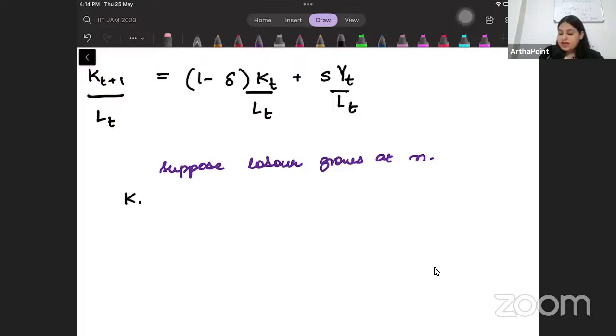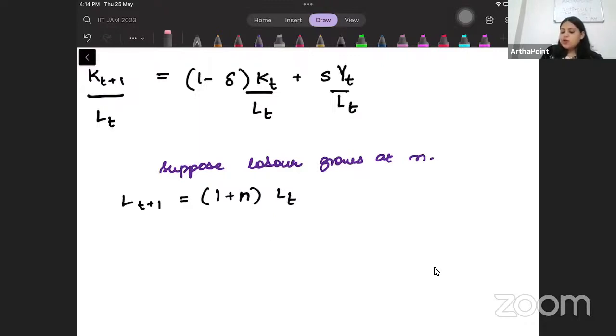So beta, L_t plus 1 will be 1 plus n times L_t. So labor, we are assuming, is growing at the rate n. That means that this year's labor will be last year's labor plus some growth of the labor, right?